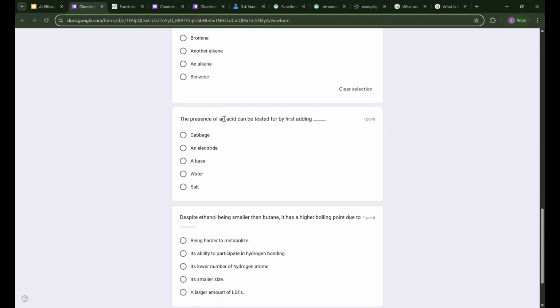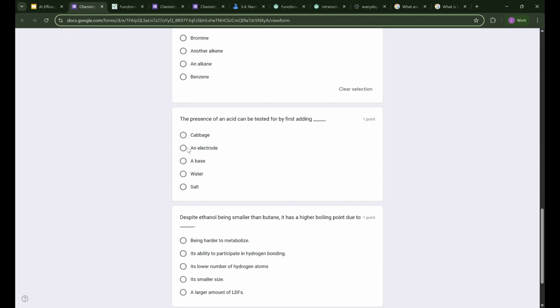The presence of an acid can be tested for by adding cabbage and electrode, I guess. Maybe it would dissolve the cabbage. Well, this was actually weird.